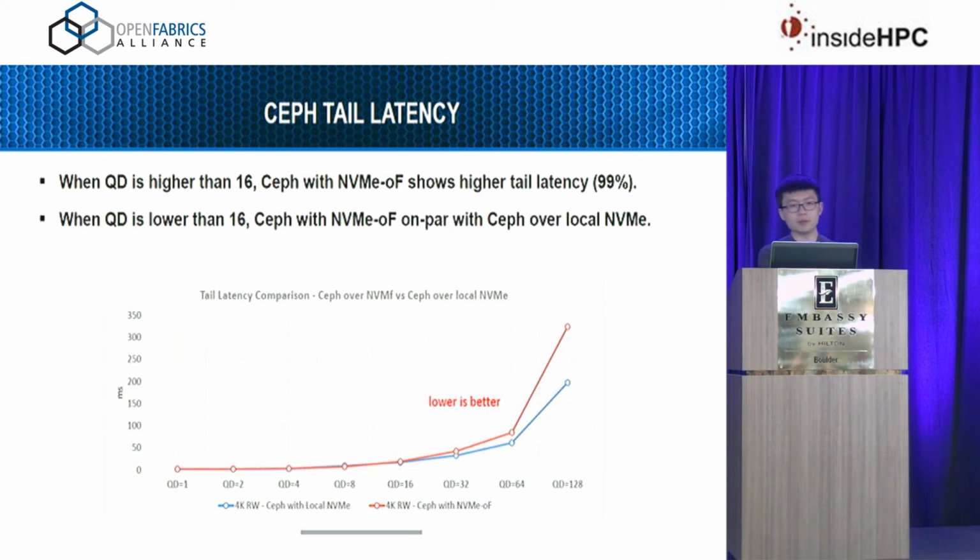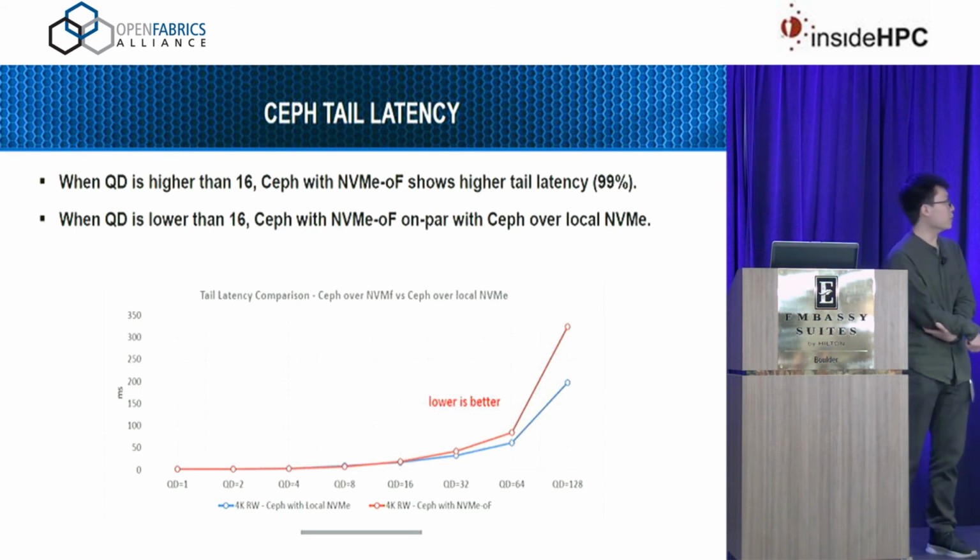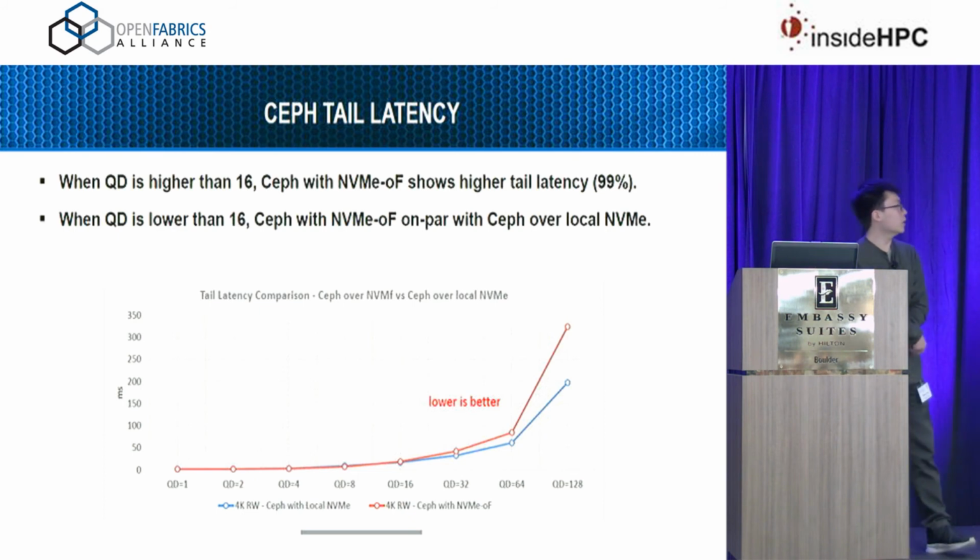When the queue depth is lower than 60, Ceph with NVMe-oF has on par tail latency with local NVMe. So here we may do some tuning. We can tune the completion queue depth or the polling time here.